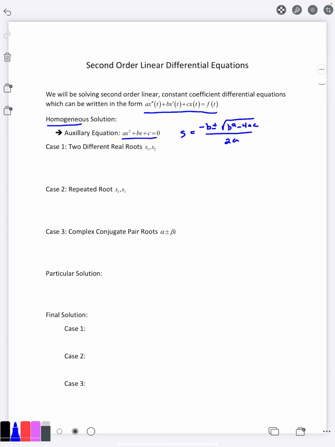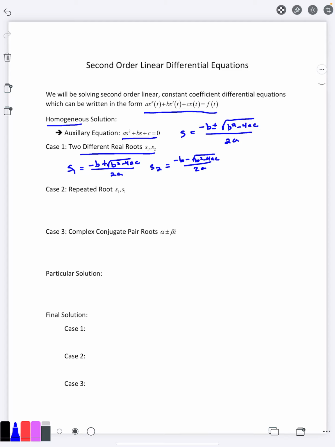Now, if you get two answers that are different and they're both real, so you don't have to deal with imaginary numbers at all, then that's what we're going to call case 1 here. So again, S1 is negative b plus the square root of b squared minus 4ac over 2a, and then S2 would be the minus square root here. You don't really need to write it out separately like that, but this is going to be our two roots.